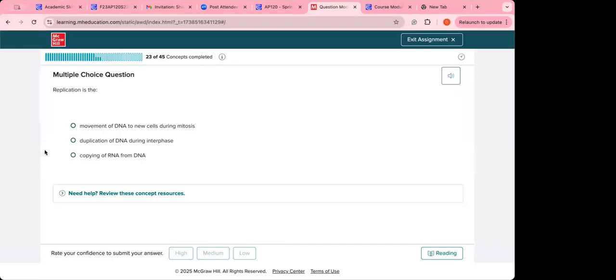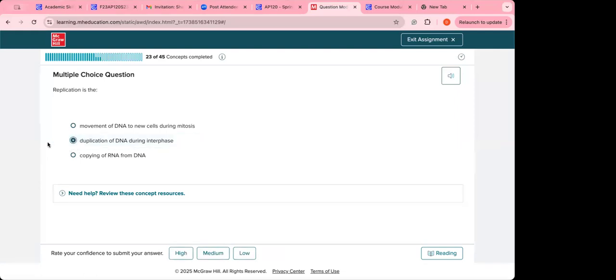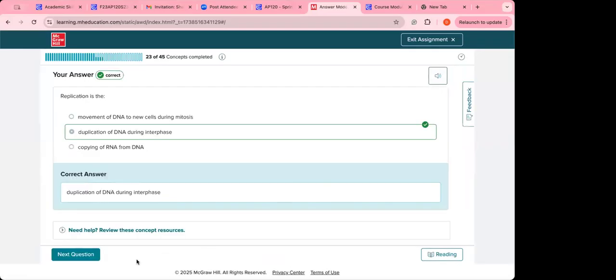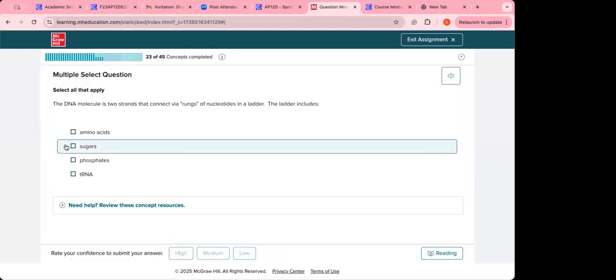The copying of RNA is something different. That's part of it too, but replication is the duplication of DNA. Yeah, okay. The DNA molecule is two strands that connect via rungs of nucleotides in a ladder. The ladder includes, okay, they want sugar and phosphate for this.